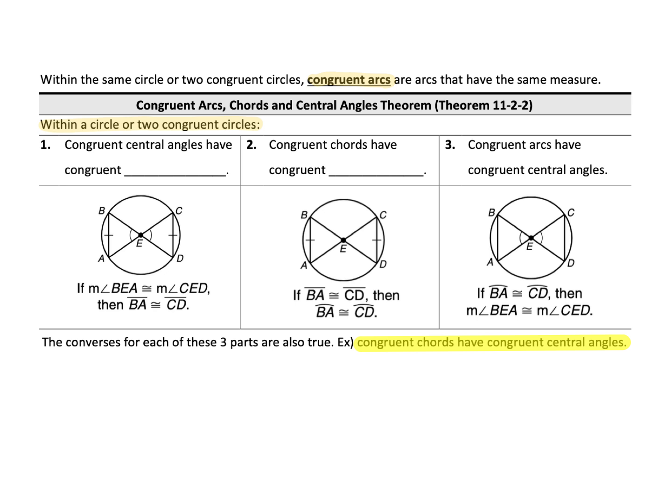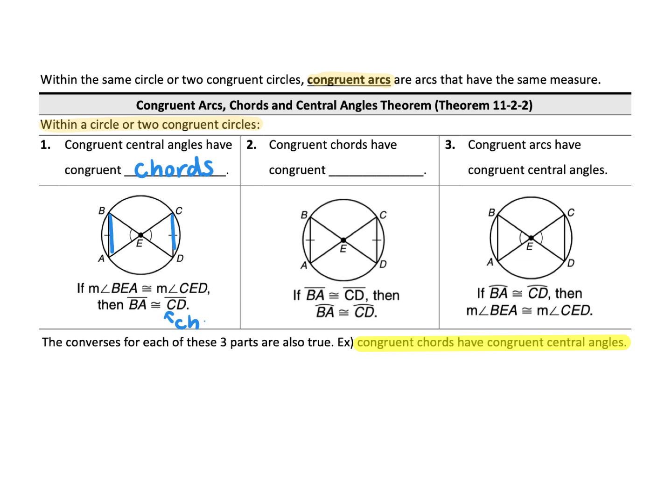Part one of this theorem states that congruent central angles have congruent chords. So in the picture here, if we know that the measure of BEA is congruent to the measure of CED, that's congruent central angles, well then they're making congruent chords.